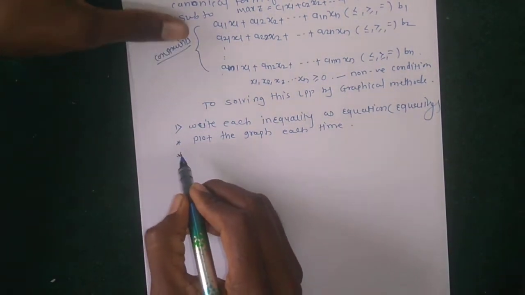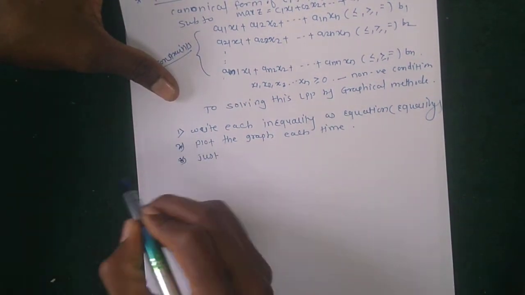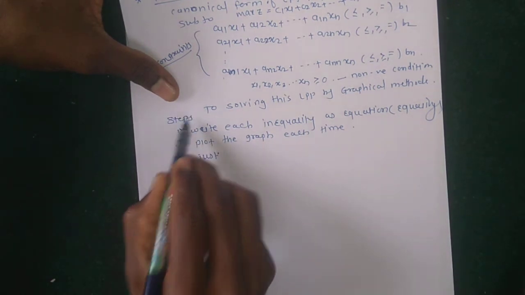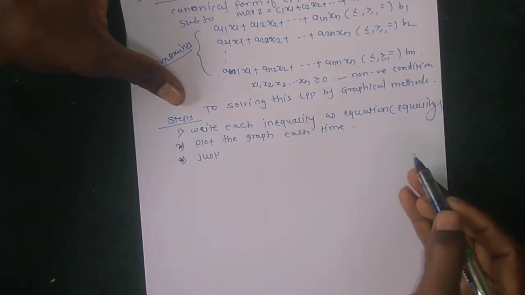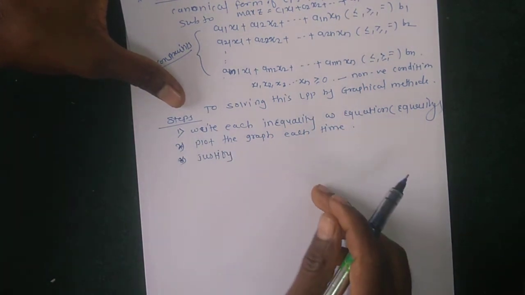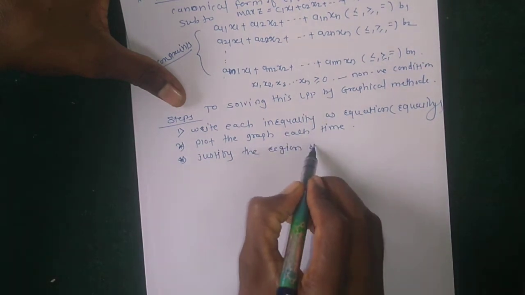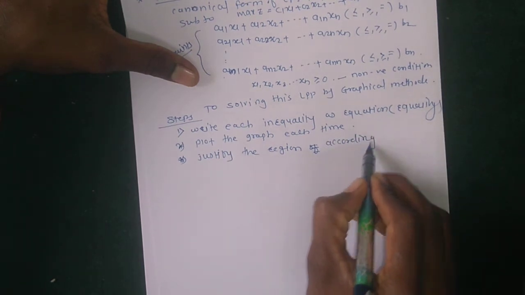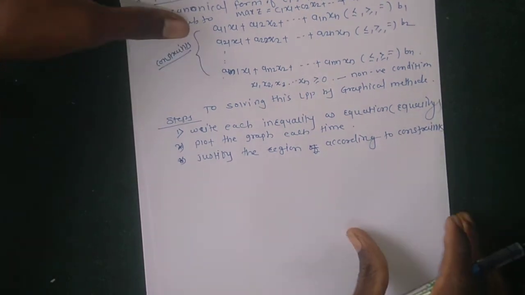Then next, justify the region according to the constraints. These are the steps: write each inequality as an equation, plot the graph, justify the region according to constraints.